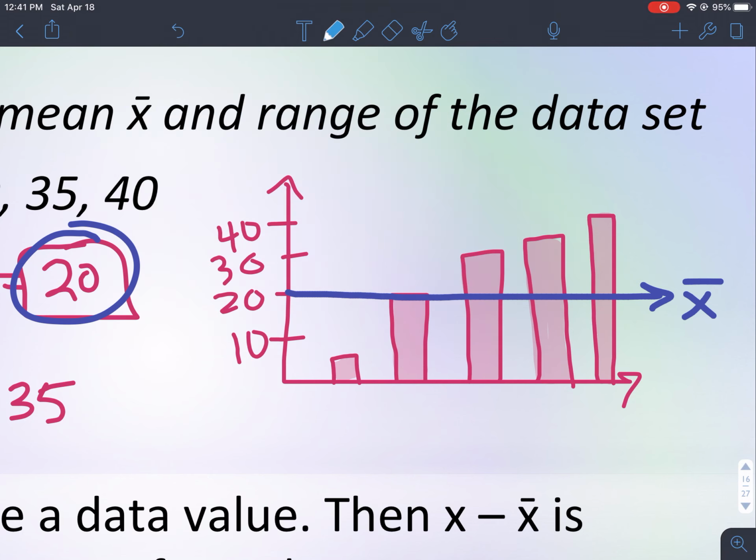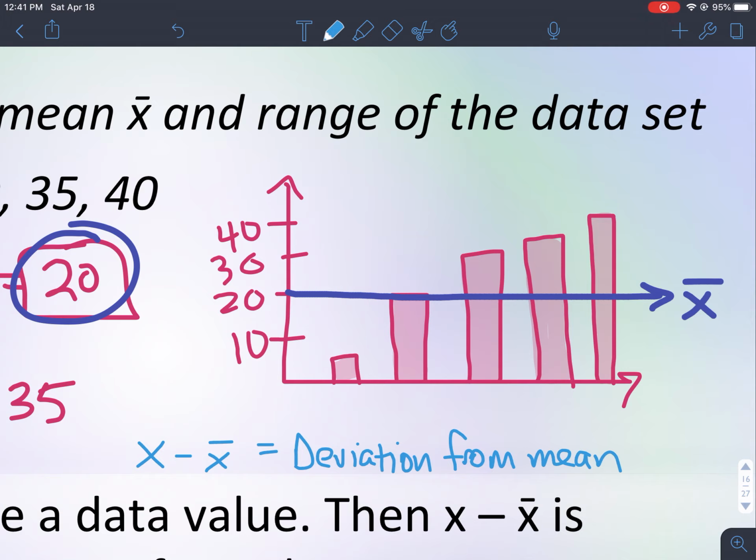What we can do is think about the deviation from the mean. What exactly does that mean?